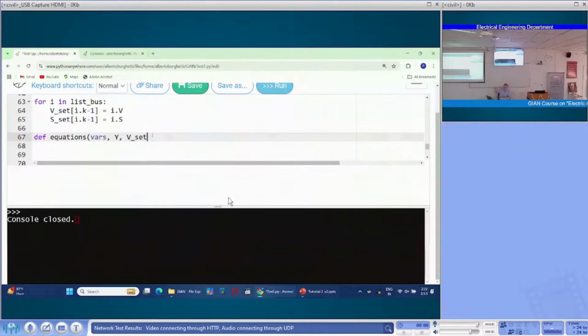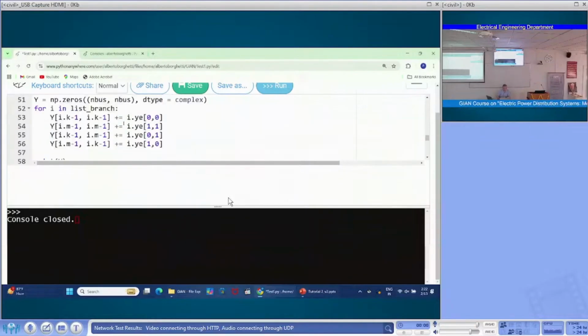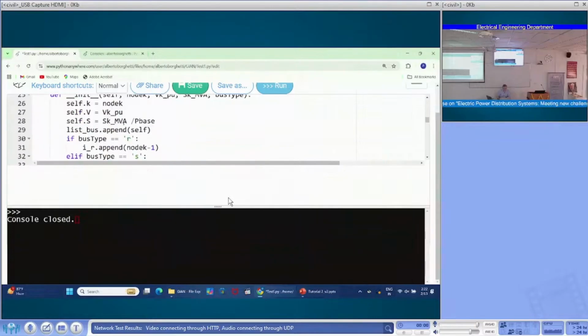We said that in bus 2 the voltage needs to be the rated value, so we have stored this here. So also we want that in bus 2 there is a certain active power and also reactive power. So we need also the set point for the active and reactive power. We can say S set, that is calculated, stored here, the values we have put in the object bus here.